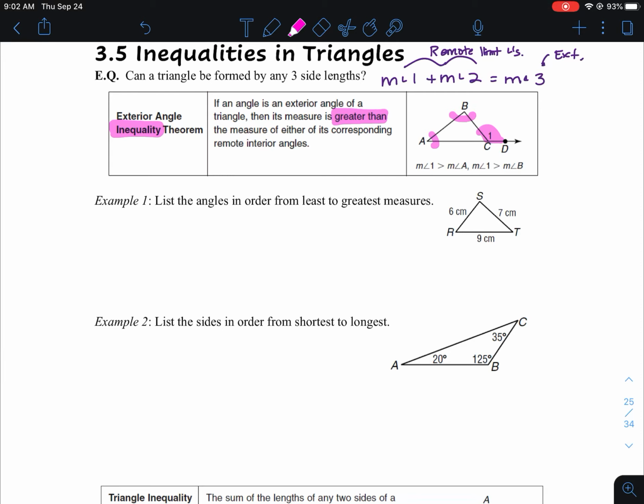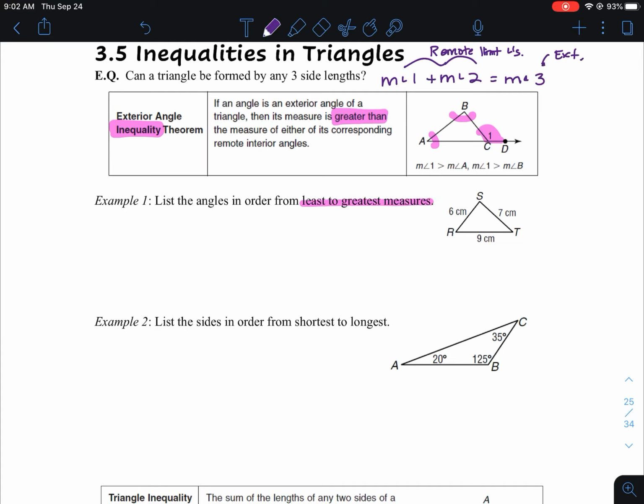All right, so think back to a couple days ago. It probably would have been better for me to insert it in this section. But a couple days ago we said the largest side is across from the greatest angle. The question says list the angles in order from least to greatest, so smallest to biggest.